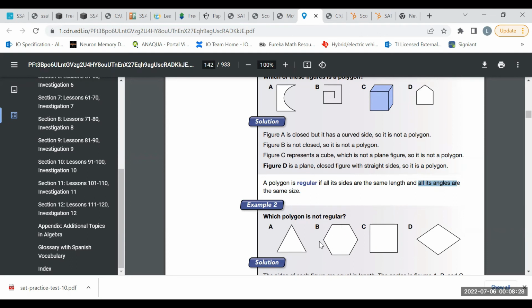It's a regular hexagon. C, it's a square, all sides are equal, all angles are equal. So it's a regular polygon. In D, though, all the sides are equal, but the angles are not, isn't it? Because this angle, these two are much smaller than these two. So therefore, this is not a regular polygon. Clear? Yeah.